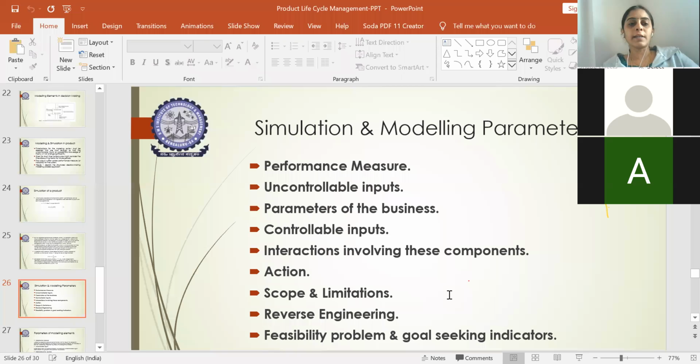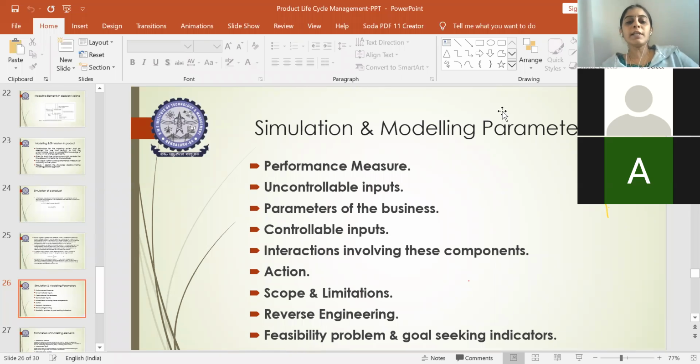You can go for reverse engineering with the help of simulation and modeling rather than redesigning using materials and investing so much. Through simulation and modeling parameters, you can see whether the reverse engineering parameters will work effectively, and if so, you can go for actual reverse engineering of the product.